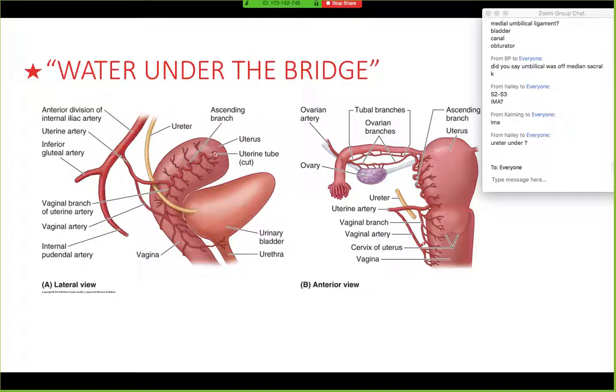Yeah, the ureter under what? Under what artery? What is this artery? Somebody be brave.